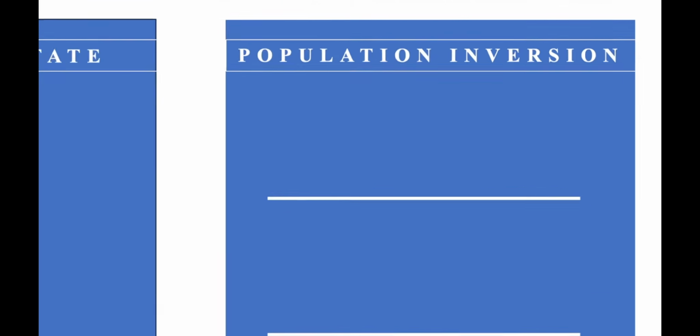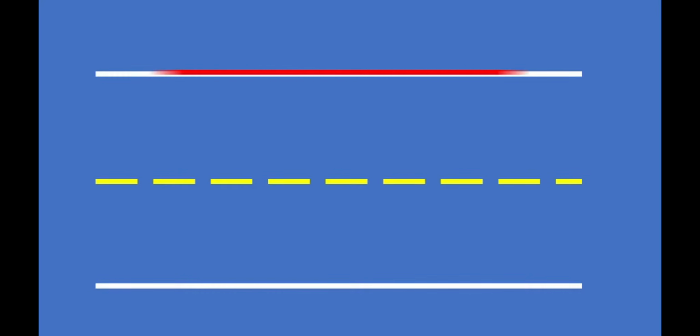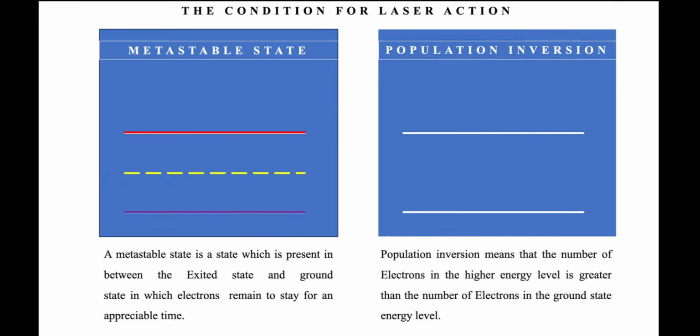Let us start with the metastable state. What is the metastable state? It is the state which lies in between the excited state and the ground state. This state we call the metastable state.